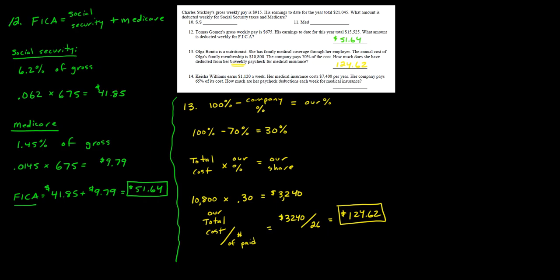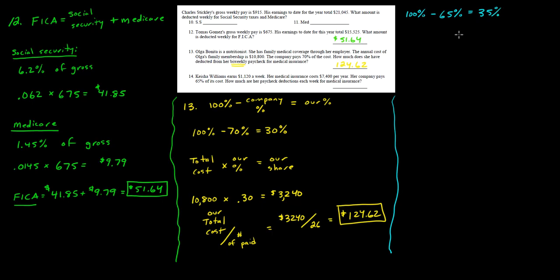So now the last one we'll take a look at is going to be number 14. And for number 14, it's just like the one that we did a second ago, number 13. The only difference is instead of it being biweekly pay, it looks like it's weekly pay. So again, it's 100% minus what the company pays. Company pays 65%. That leaves us with 35%.